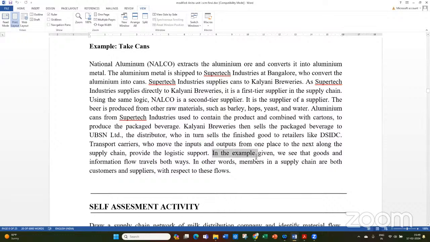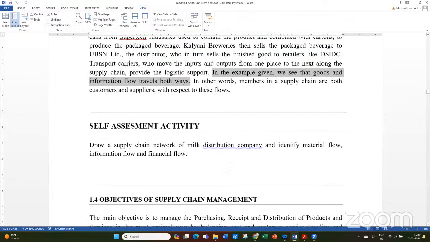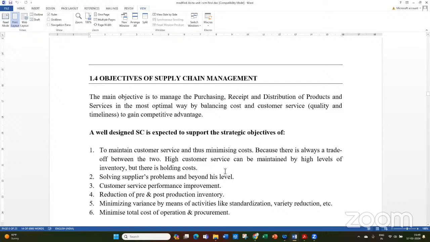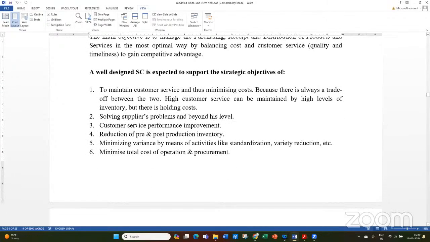See, goods and information go from the supplier to the customer. This is very important.